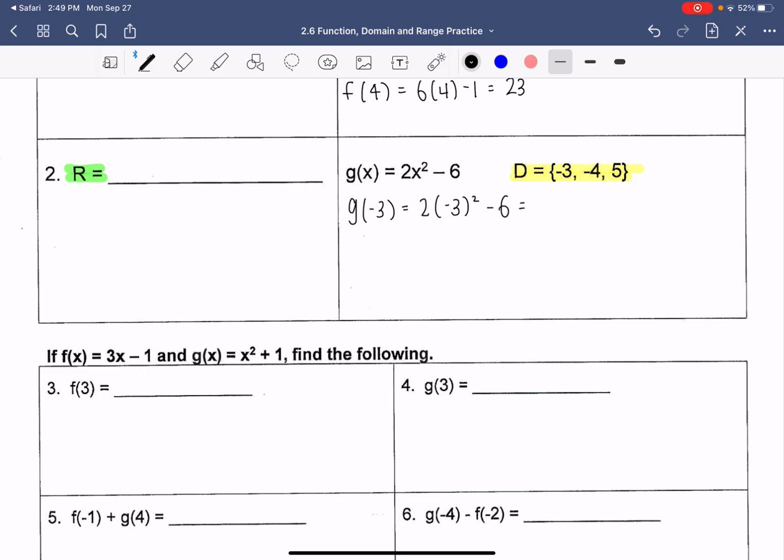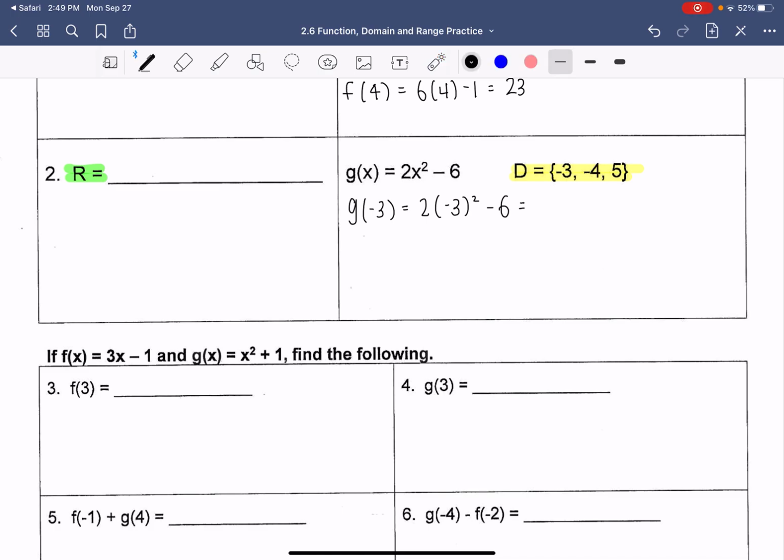So when you put this in your calculator, make sure that you're using parentheses and that your squared is going on the outside of that parenthesis. Therefore, it'll actually square the negative, because we want to square the negative.